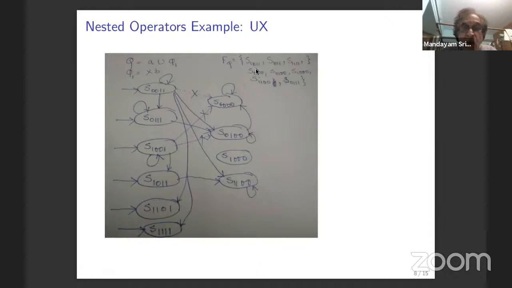And that's why what is included in the fairness constraint, corresponding to the only sub-formula in the closure that has the until operator at its root, are those states in which the second argument to the until operator, phi 2, is true, or those states that contain not of phi, because once you reach the state in which phi 1 becomes true, after that you can transit and keep visiting the not phi states infinitely often.